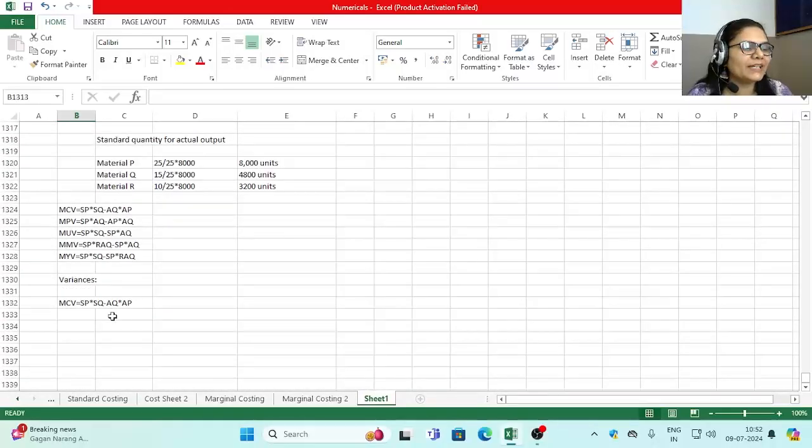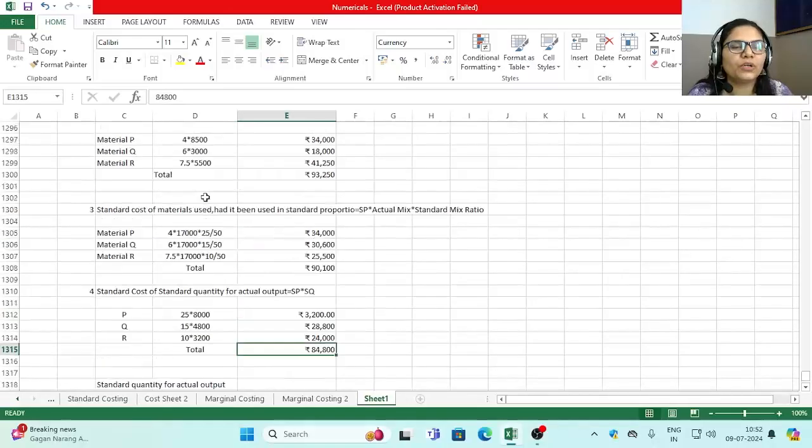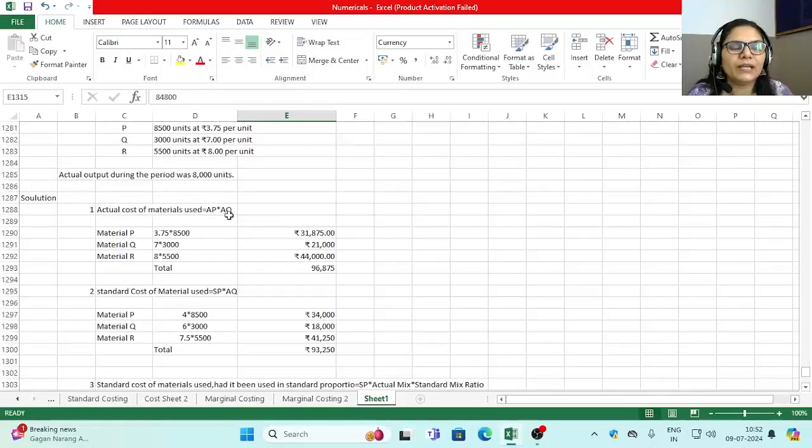So first is SP into SQ minus AQ into AP. You know that SP into SQ is 4 and AP into AQ is 1.